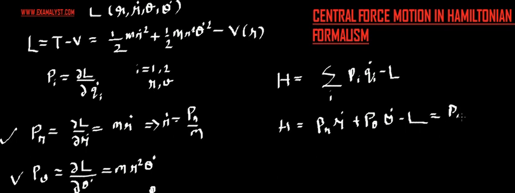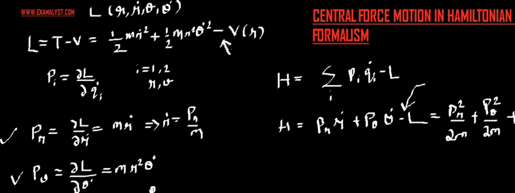So you will have P_r square divided by 2m, then you will get P theta square divided by 2 m r square, and you will get plus V of r. Why is there a plus V of r? Because this minus sign here makes this minus sign plus.